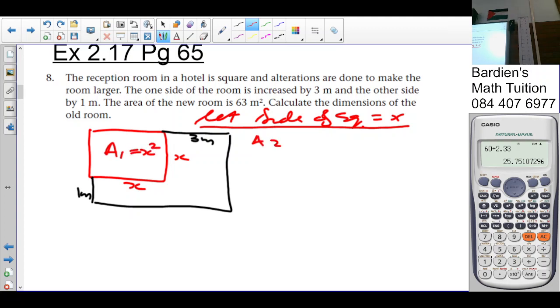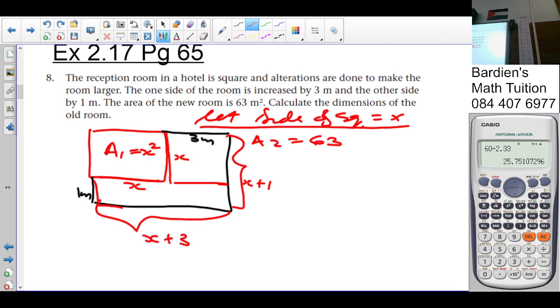Area 2 is 63 meters squared. Calculate the dimensions of the room. What is the length of this side here? x plus 1. And this length here, there's x and 3, so it's x plus 3. You all agree with that?